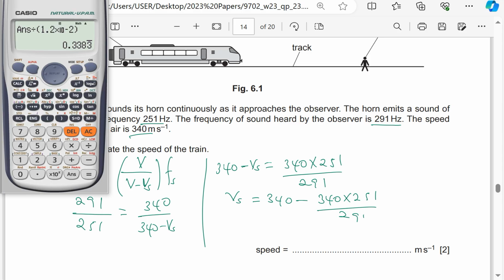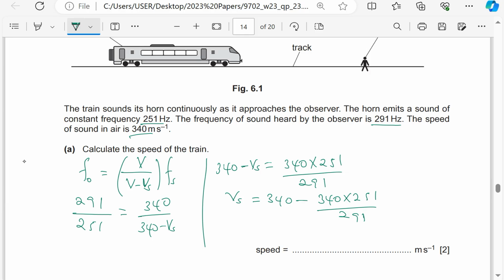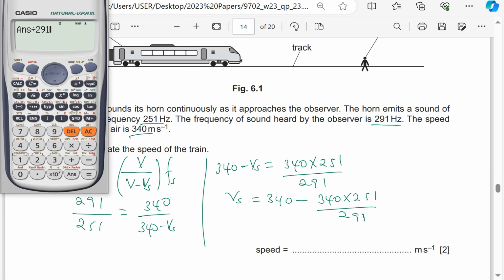You can do any algebra that you can. 340 times 251 divided by 291. Then I will say 340 minus the answer, which is 47.9.